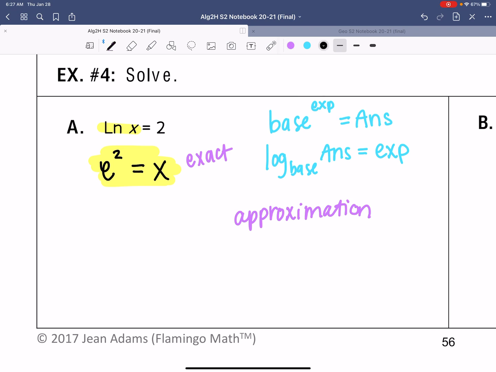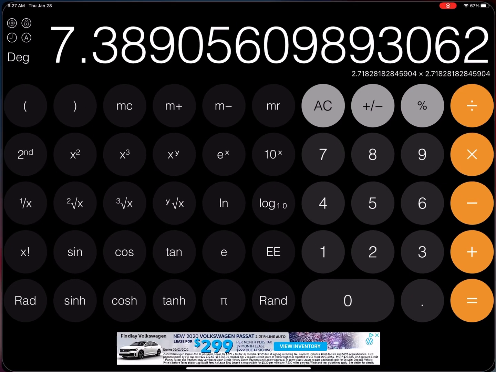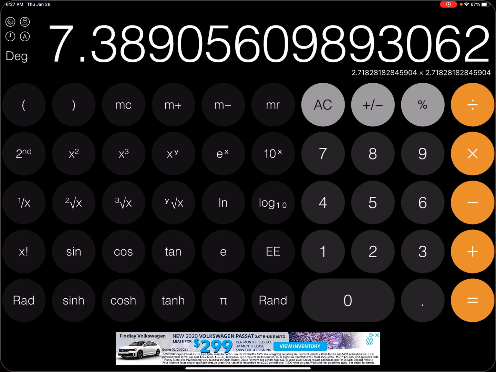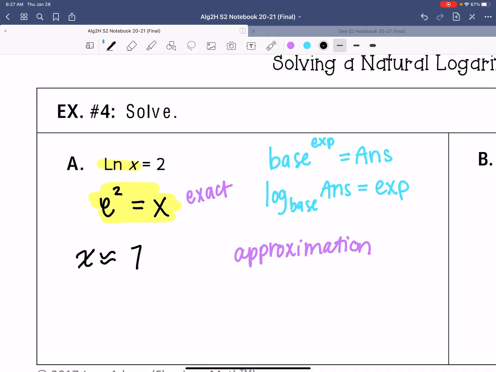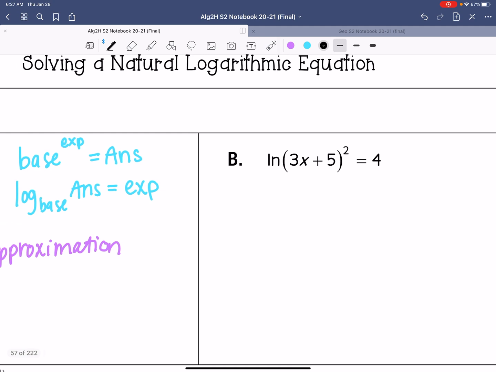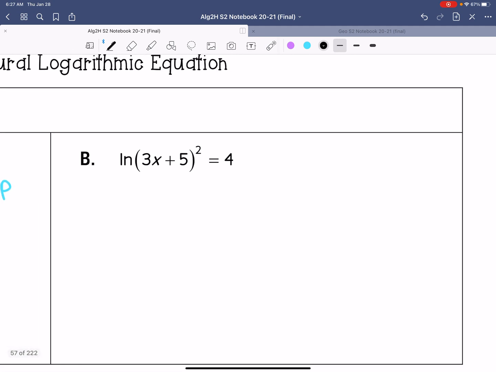So that's when we get x is approximately, and again, it would be this number, because this is e times e, so 7.389. So x is approximately 7.389. Again, in this class, we practice rounding to 3 decimal places, unless it's money or it tells you to round to the nearest whole.